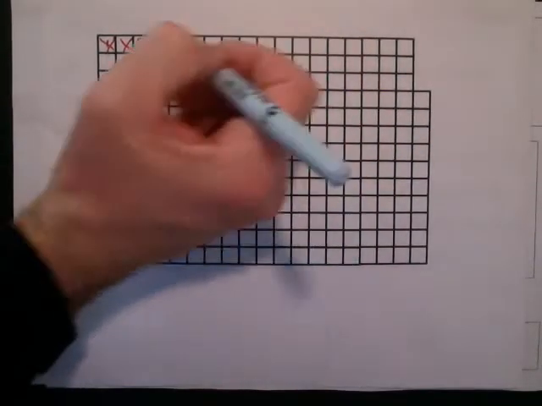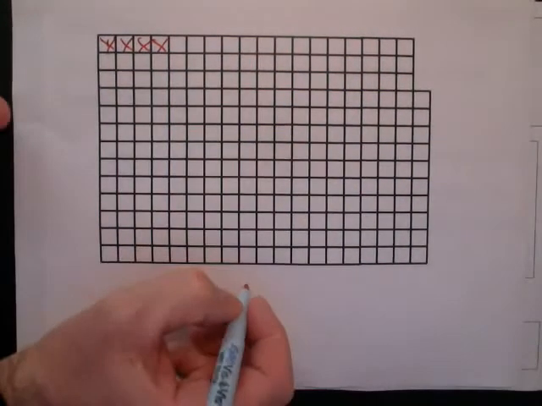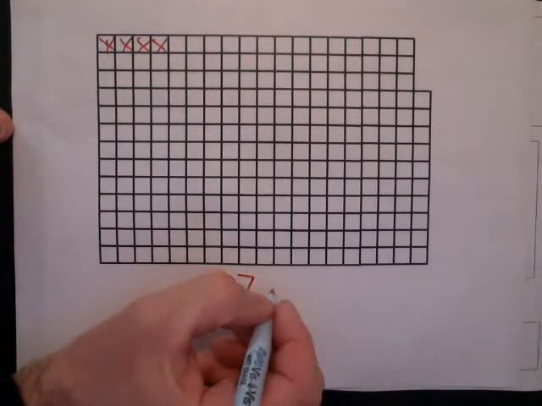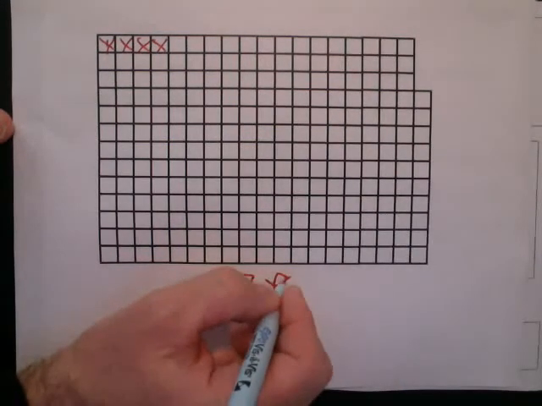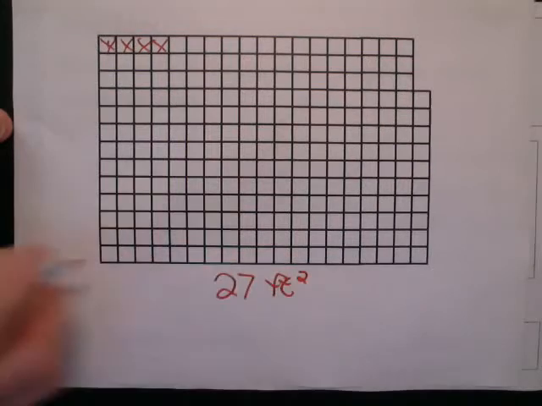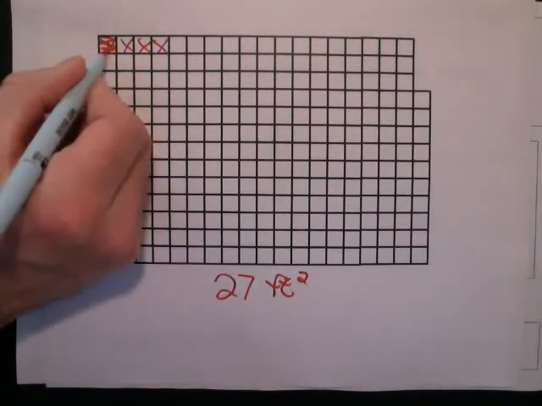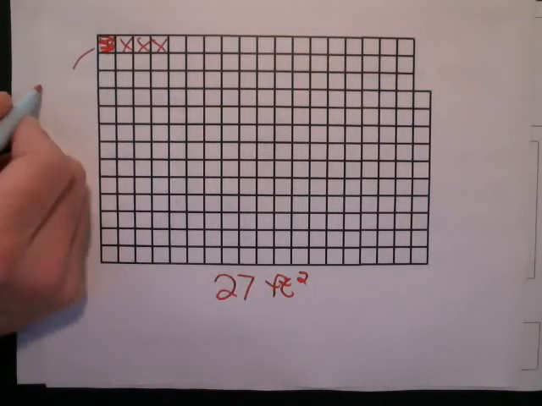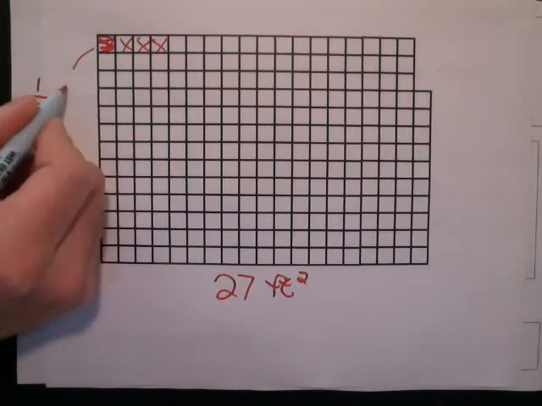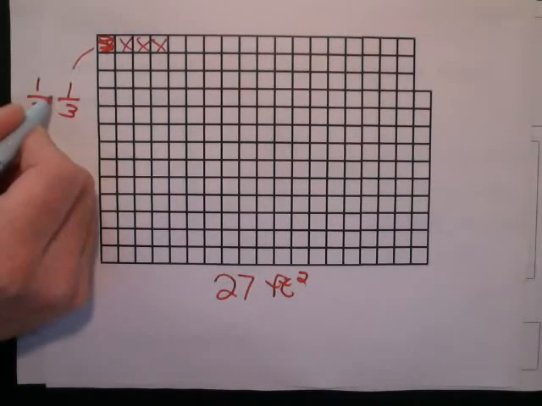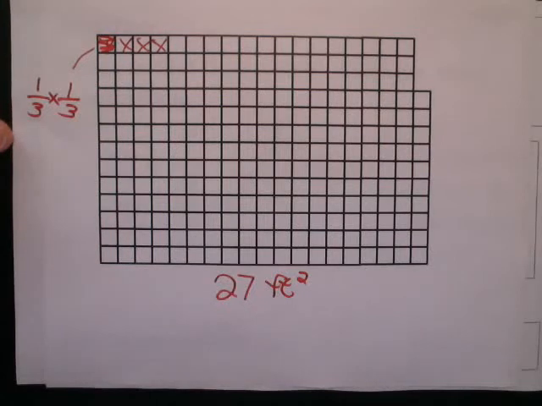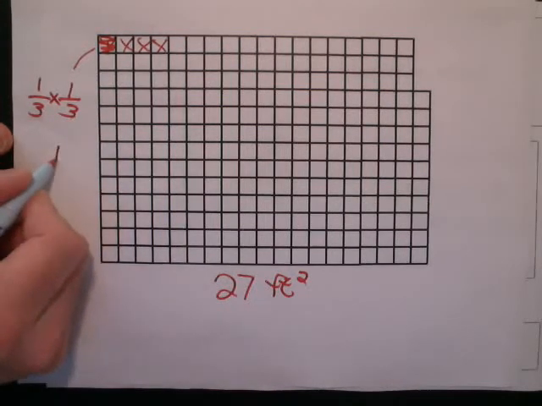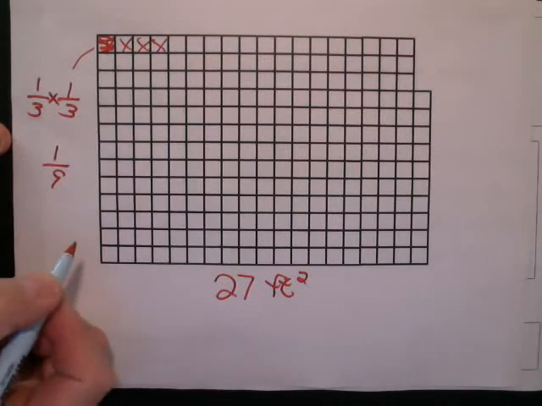So his room was 27 square feet, and each little tile right here measured 1/3 by 1/3, and we multiplied and determined that we had an area of 1/9 per tile.